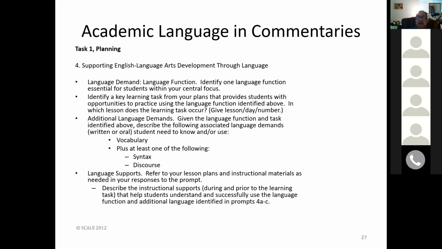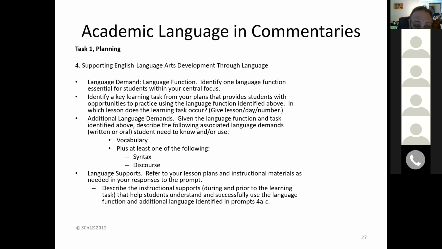Academic language in the commentaries. Okay. This would not necessarily refer to you. You would need to show academic language in the commentary. However, this is based on the academic language requirement in the elementary planning section.